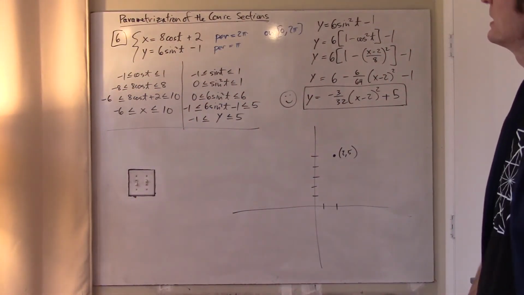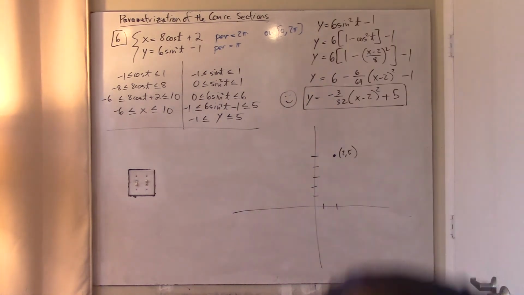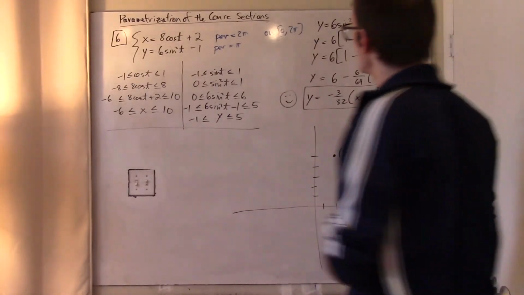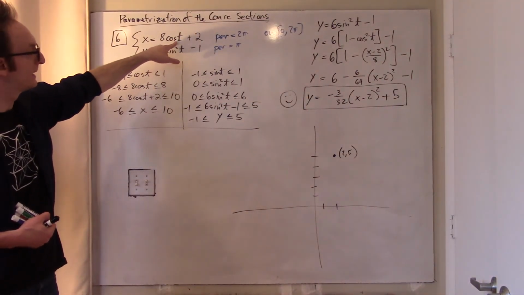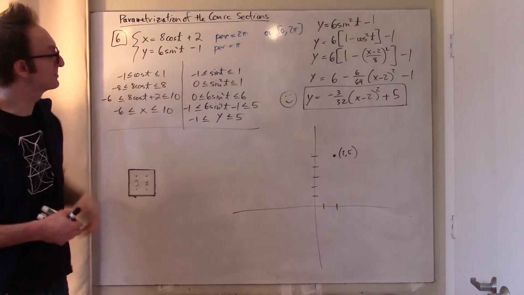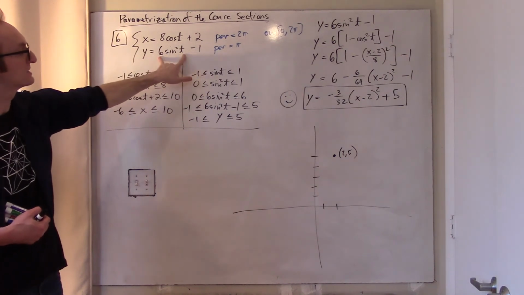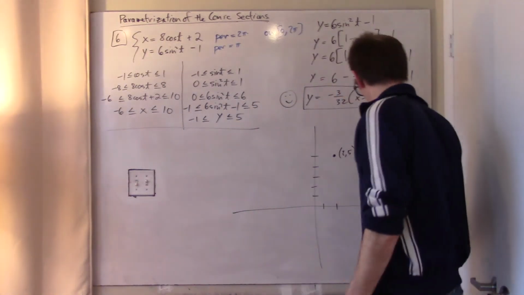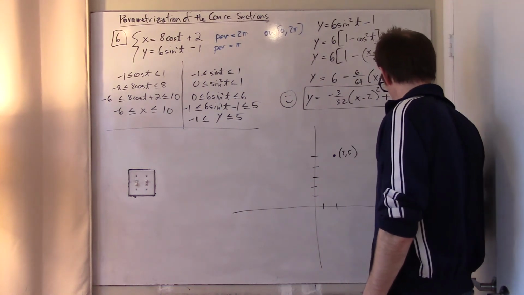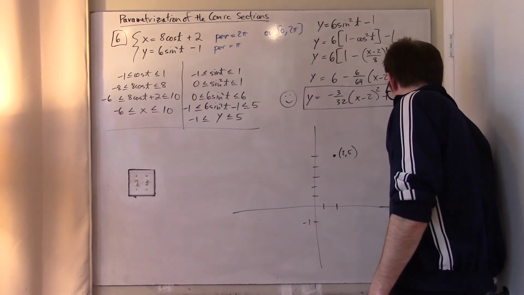Let's plot some points using t. So let's see, I'm going to just do this part in my head. When t equals 0, cosine 0 is 1. So that gives me 8 plus 2, that gives me 10. So when t is 0, I get 10 comma, but sine t is 0, so 10 comma negative 1. So, alright, way out here at 10 comma negative 1, I'm going to have a point.